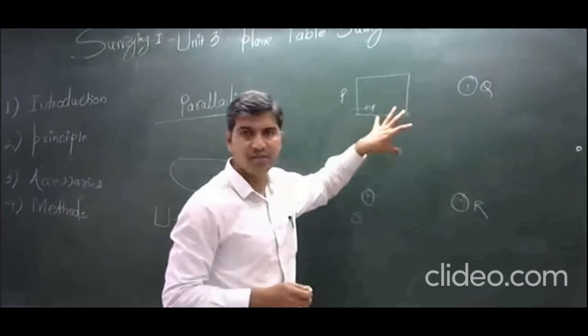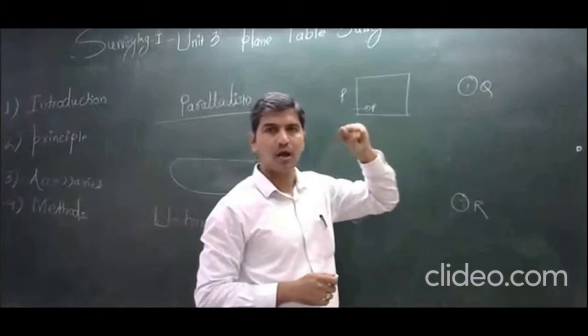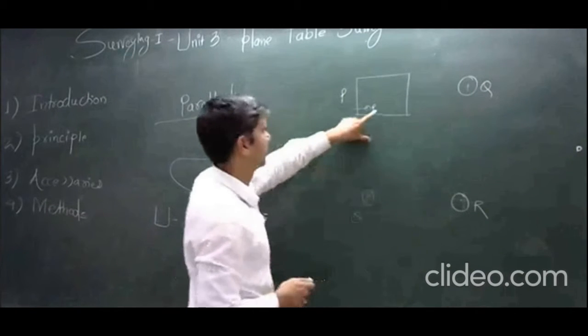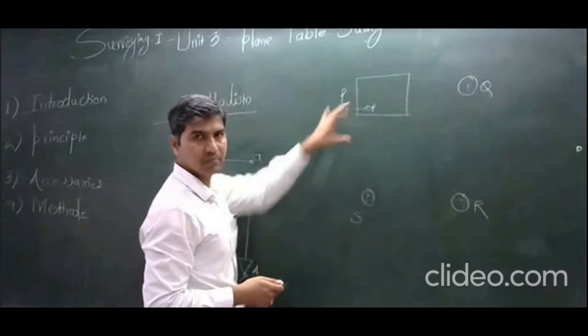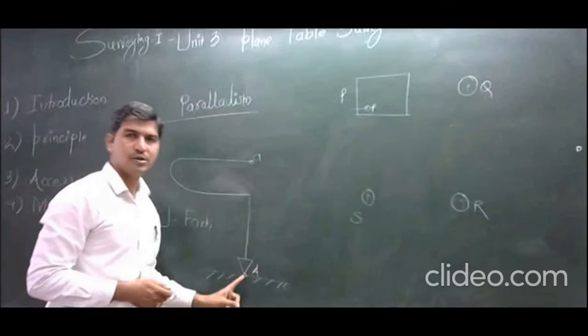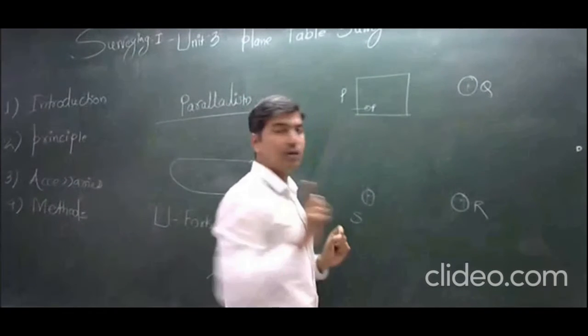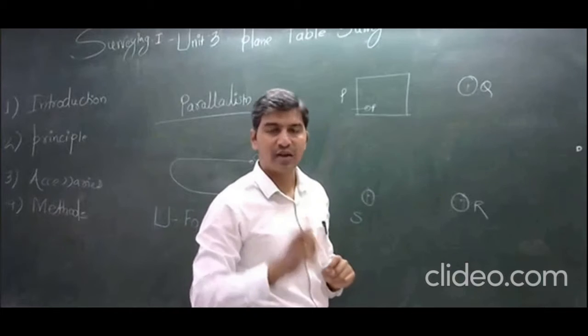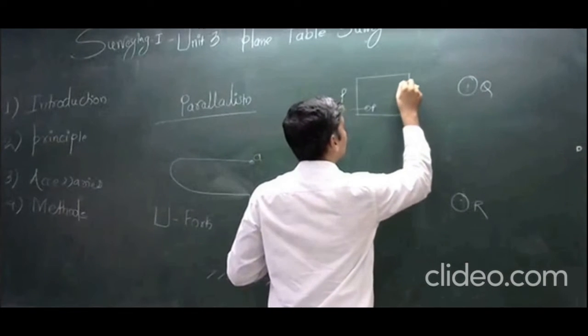After keeping the table on point P and making sure that point P is exactly below the capital P by using this instrument, the U fork, one more thing I will do is mark the north direction.